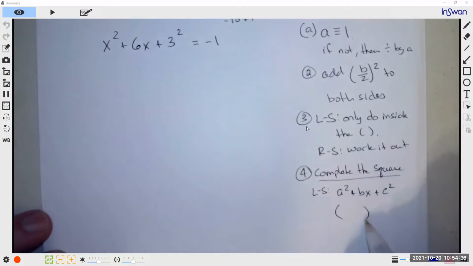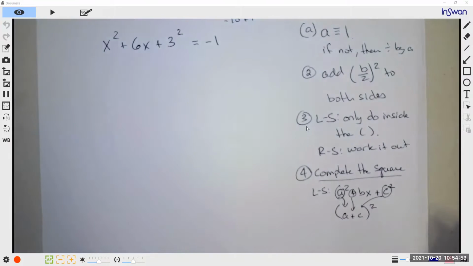On the left side, whatever's under the squared goes inside the parentheses, along with the first sign. So A plus C squared.